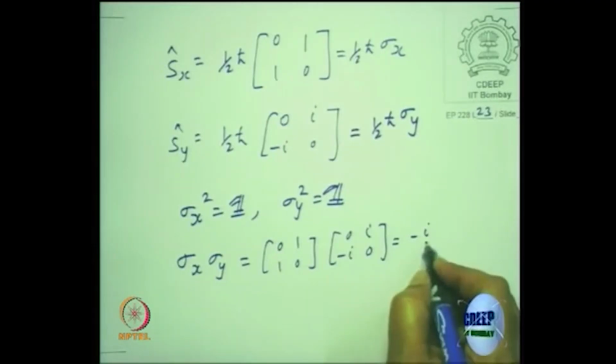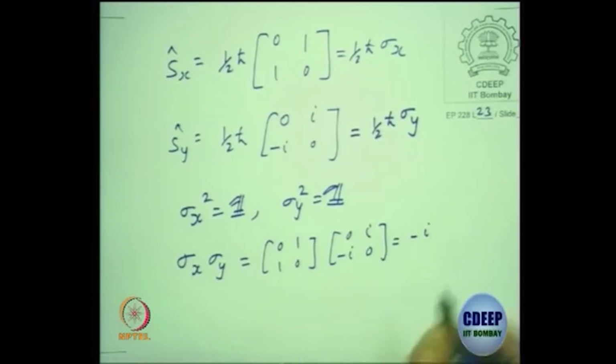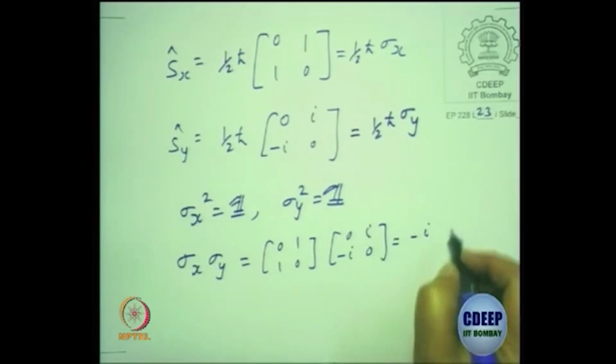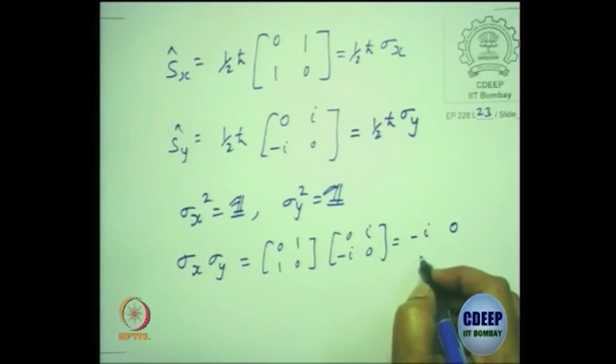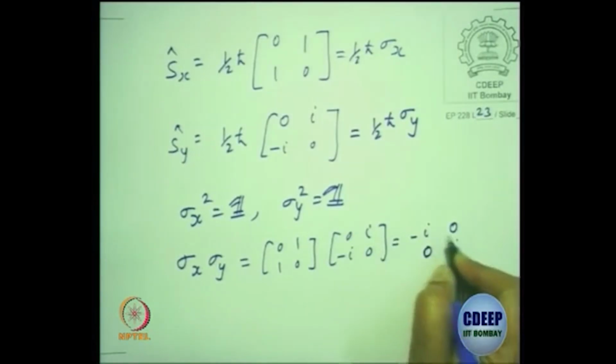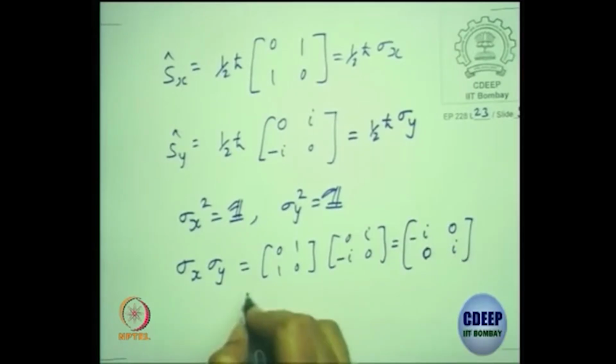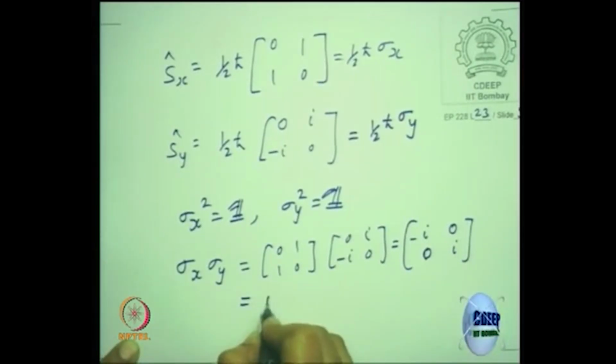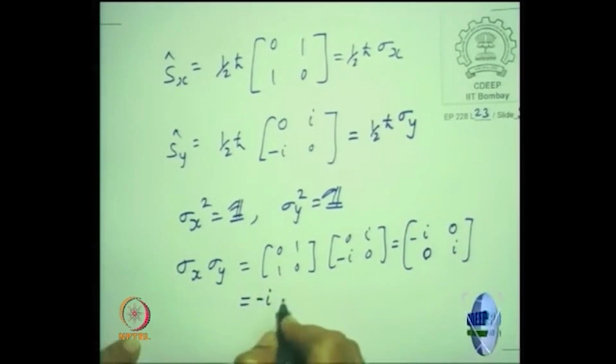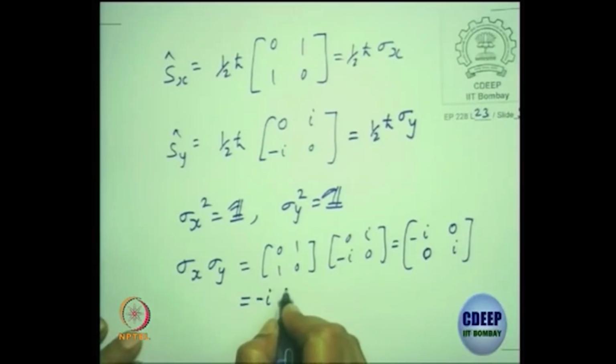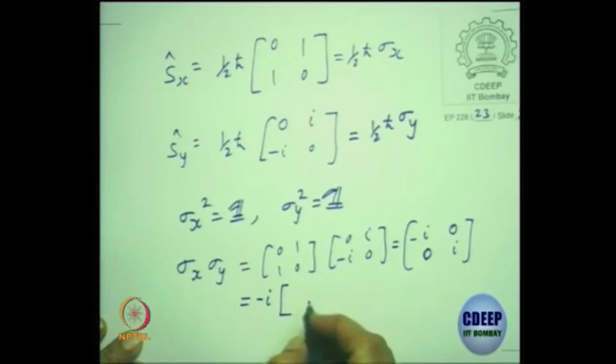Very good. So you get this minus I, and if I do that, that is 0, then I, so 0 with an I, and that you can write as I, you can take it out, minus I, you can take it out, and 1.